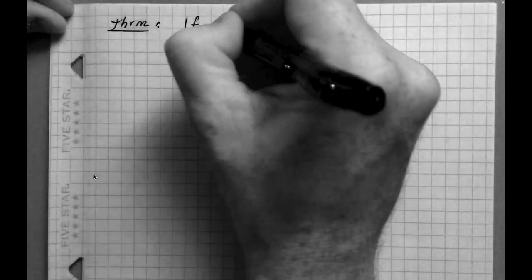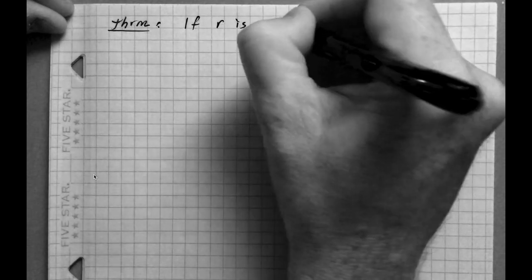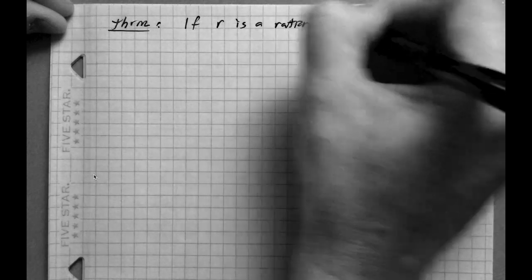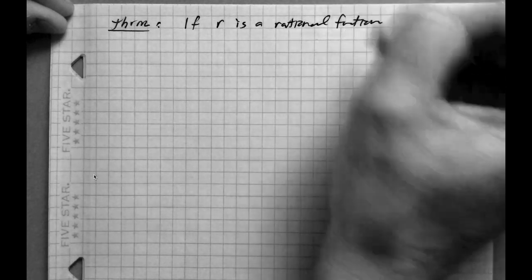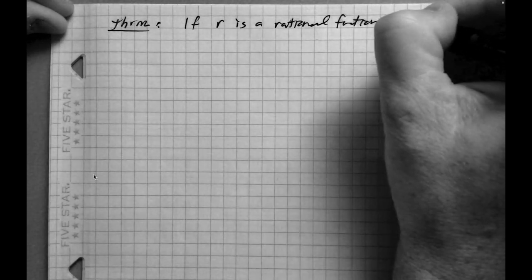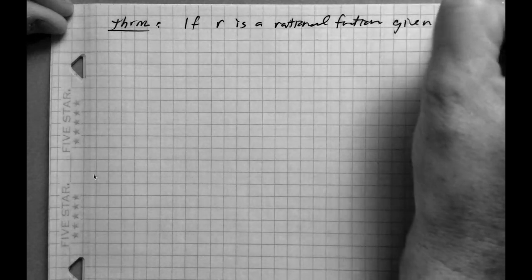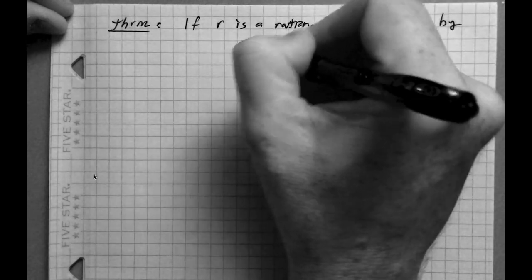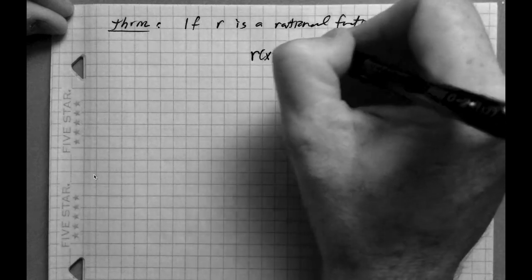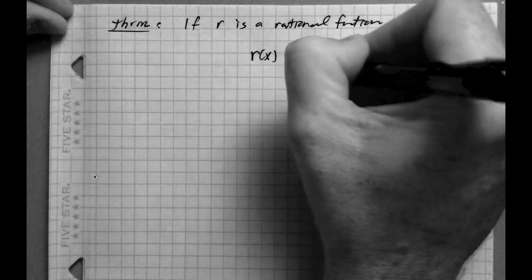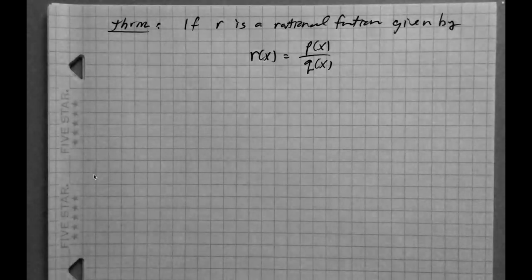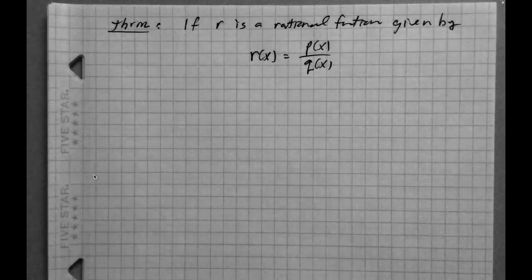So if r is a rational function, and maybe we say it's given by r of x equals p of x over q of x. Now remember, rational functions are functions where the numerator and denominator are both polynomials, right?